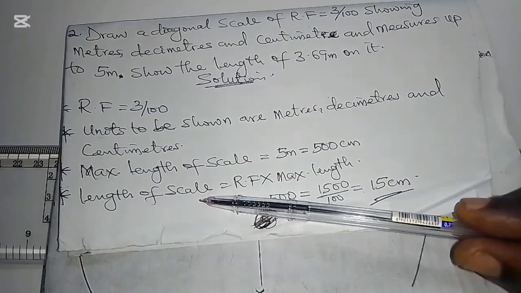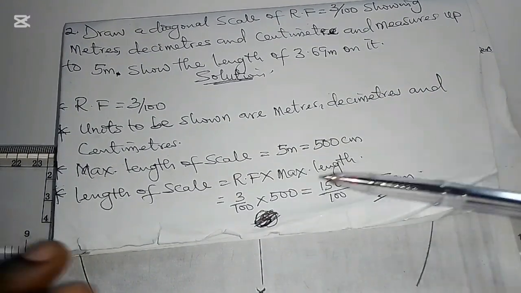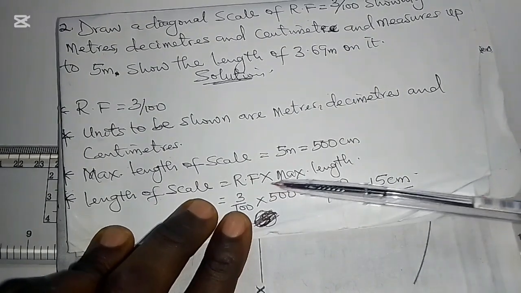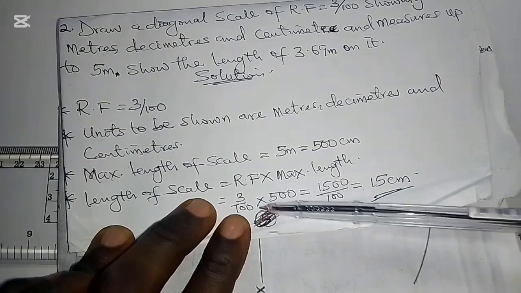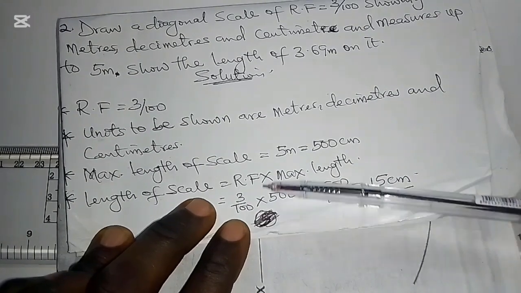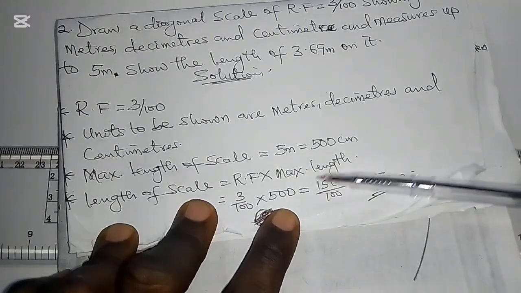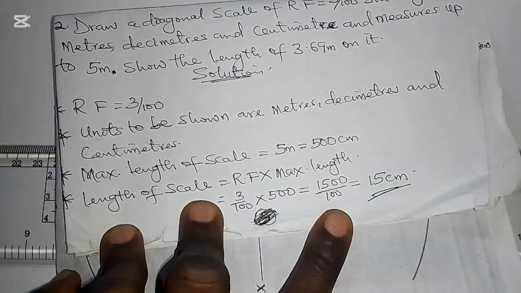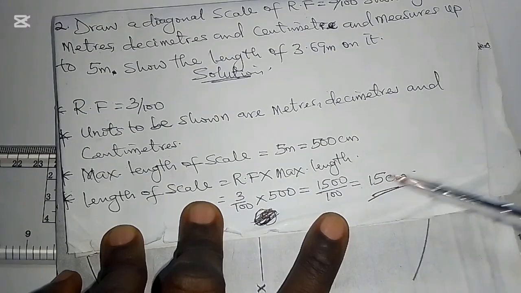Usually this is not given, but we'll calculate it because that is what we will use in drawing the scale. The length of scale by formula is the representative fraction multiplied by the maximum length of the scale. When we calculate this, we arrive at 15 centimeters. So I will be drawing the scale up to this length, 15 centimeters.